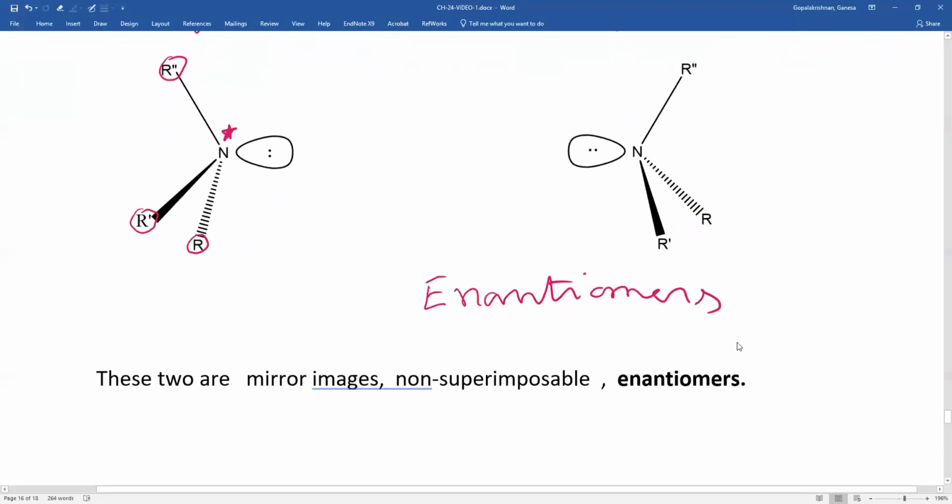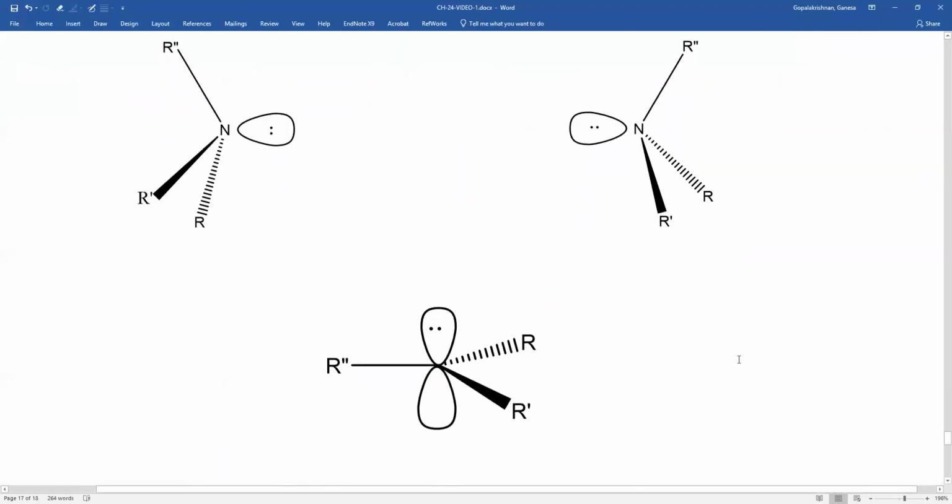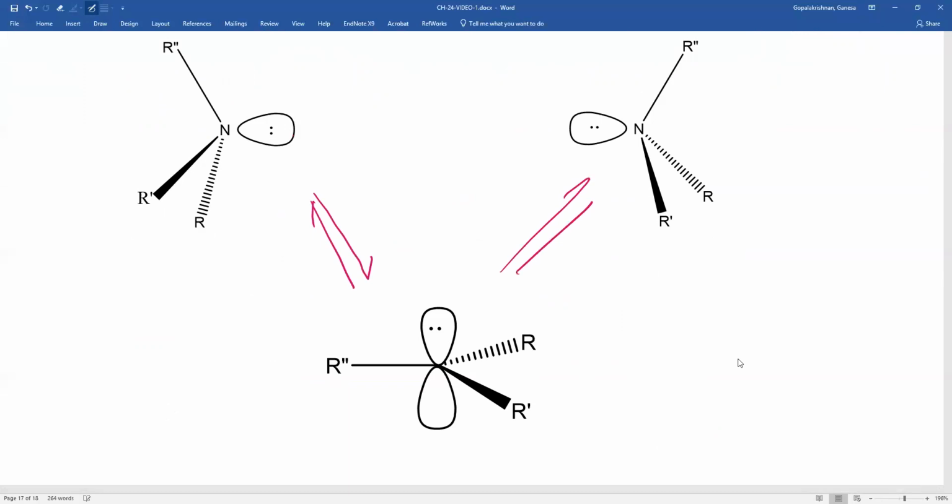But in this case, you cannot separate it. Why can we not separate it? Because there are three groups on it. One is a lone pair. The conversion into this one goes through this transition state. It flattens and inverts.